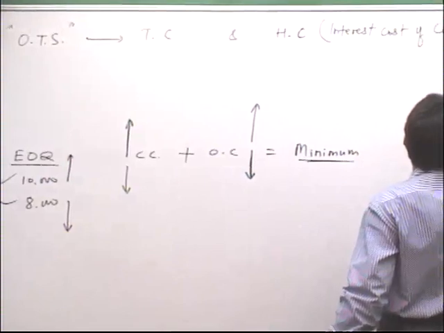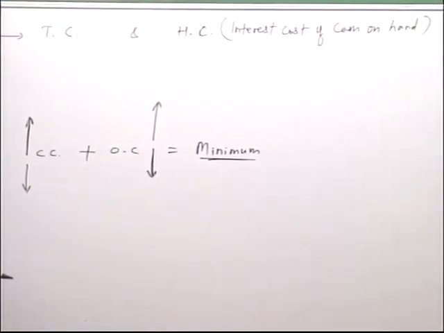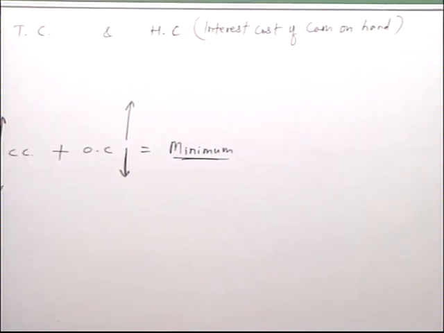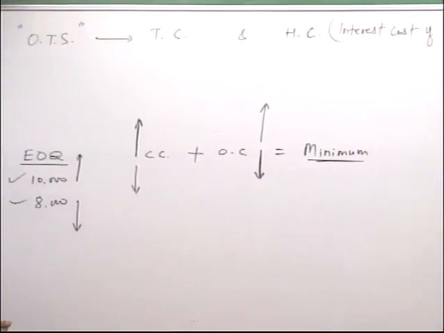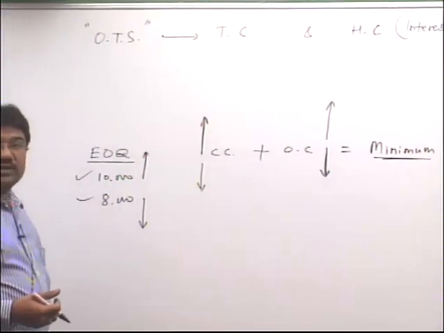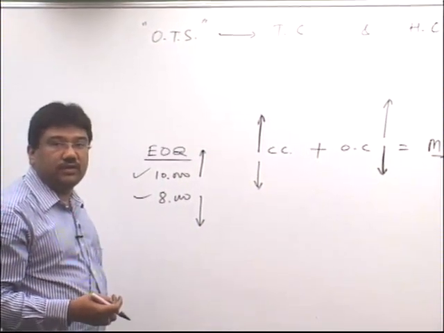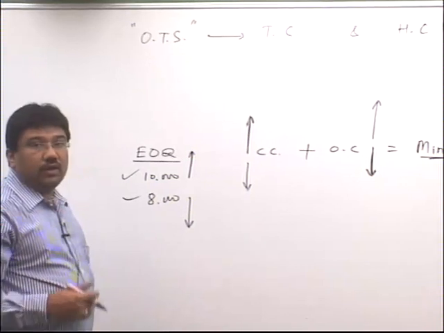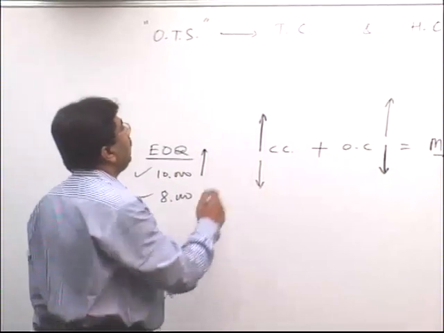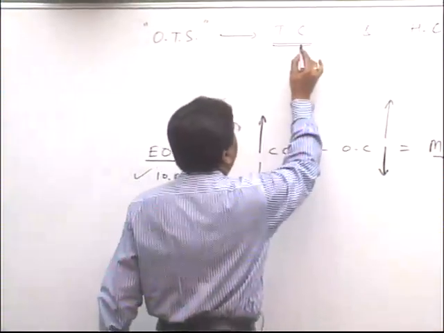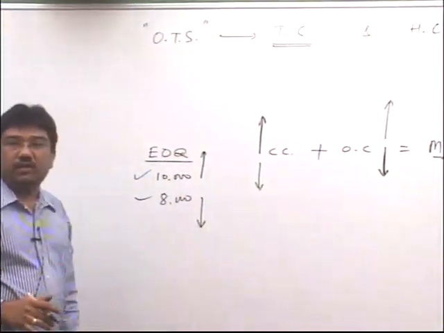If we hold the cash on hand, then on that cash we will lose the interest, that is called holding cost. And transaction cost means the cost which we will incur either for investing the cash into securities or for selling the securities and converting into cash. So whether we do the transaction of investment or the transaction of disinvestment, in both situations we will have to incur transaction cost. Now these two costs affect this optimum transfer size.